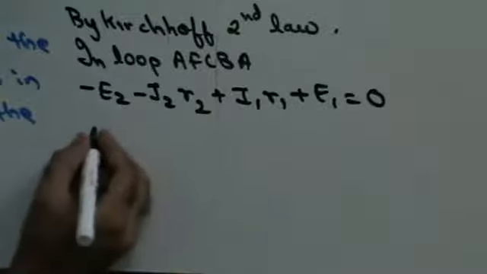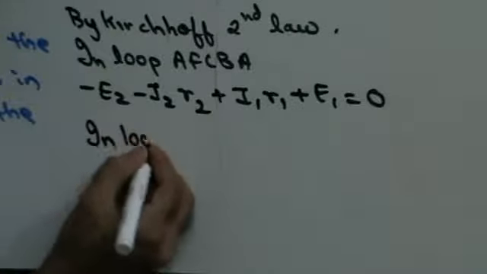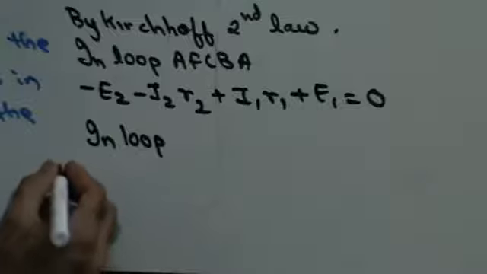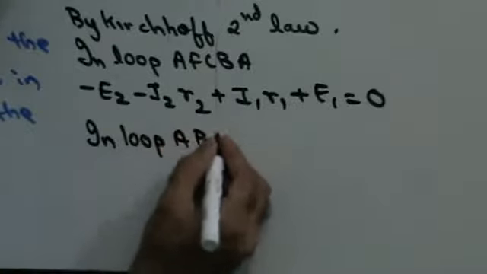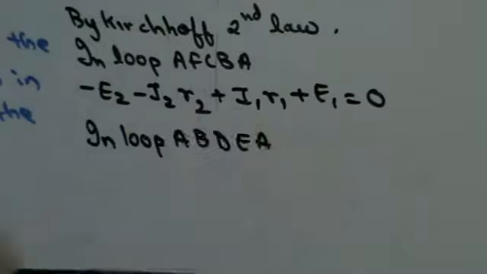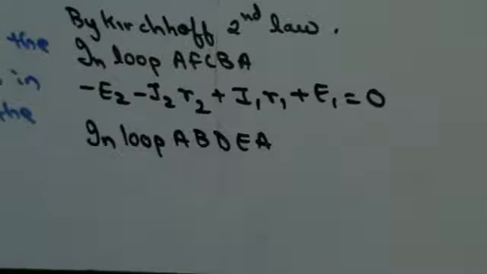Now let's consider the loop A B D E A. Now I'm tracing the loop from A to B. As I trace the loop from A to B, current is moving from B to A. The directions are opposite.